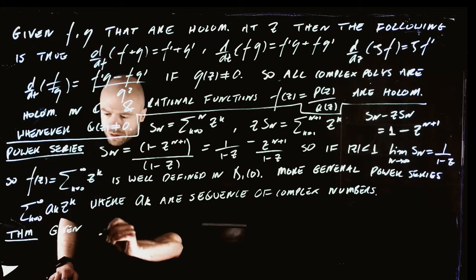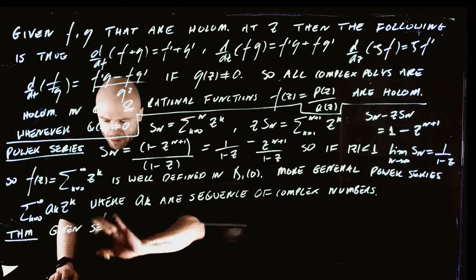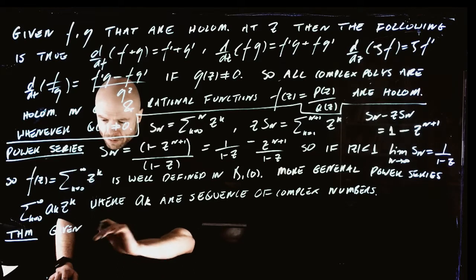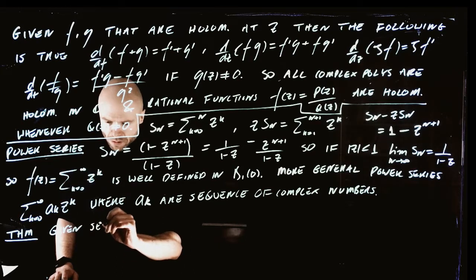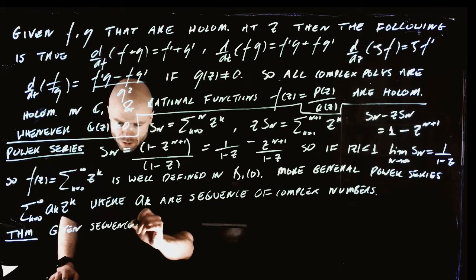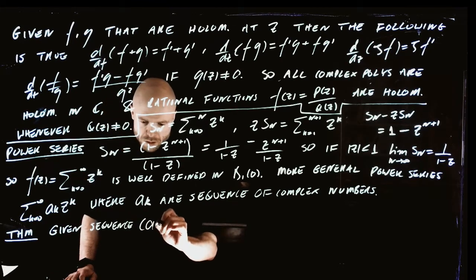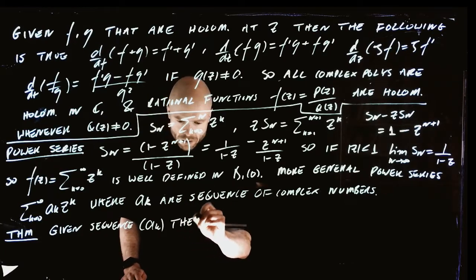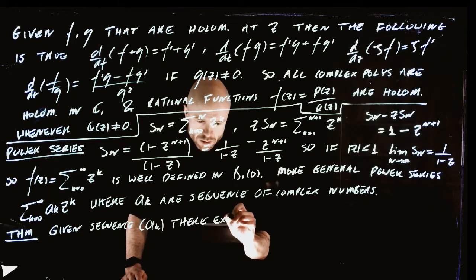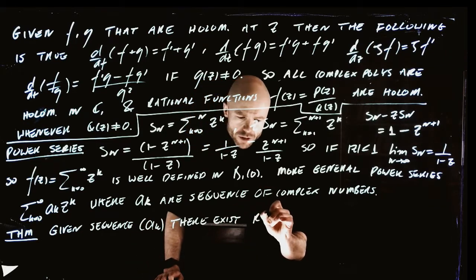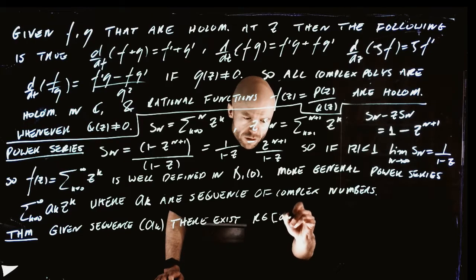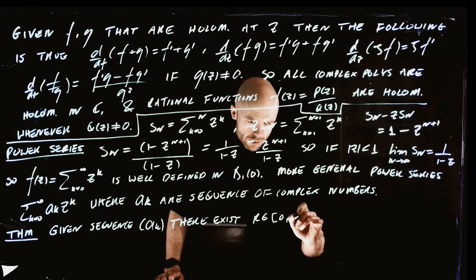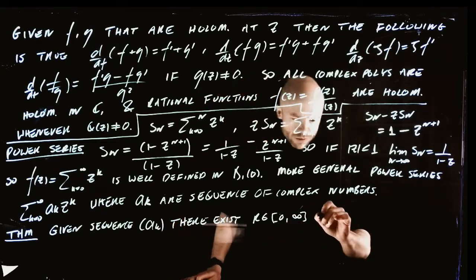Given a power series, or maybe more accurately, given a sequence a_k, there exists some R which is in the interval 0 to infinity. So it could either be infinity and it could also be 0, such that the following is true.